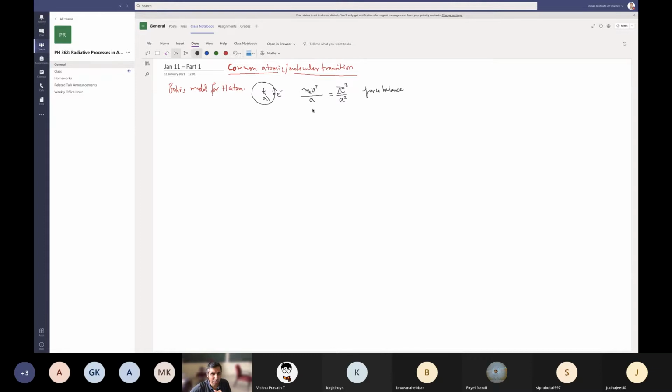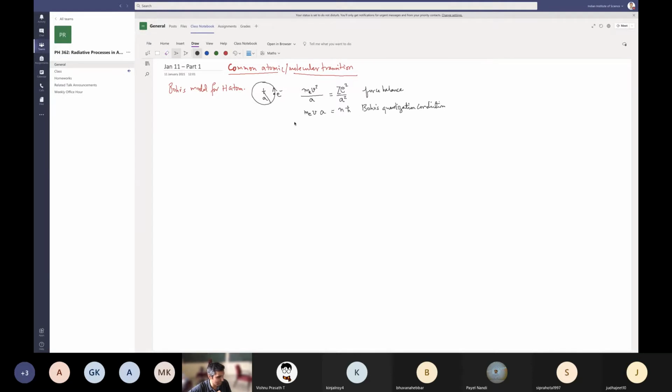The new thing that Bohr introduced was this, Bohr's quantization condition: that the angular momentum of the electron around the proton cannot be any arbitrary value. It is quantized, and you only have specific orbits of electrons around a proton which satisfy this condition.